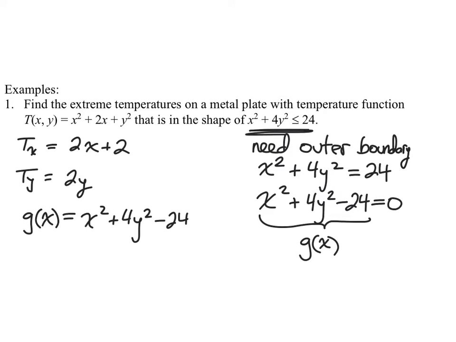I just have to actually solve that relation. Now, the issue is that relation has two variables in it, so the best I can do is solve for one variable in terms of the other. That's where the Lagrange technique is going to come into play. So I need g sub x, which would be 2x, and g sub y, which would be equal to 8y.